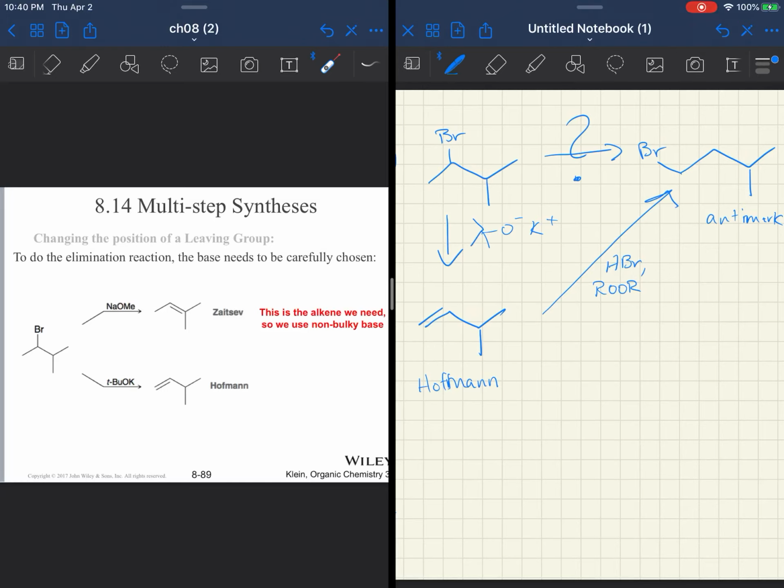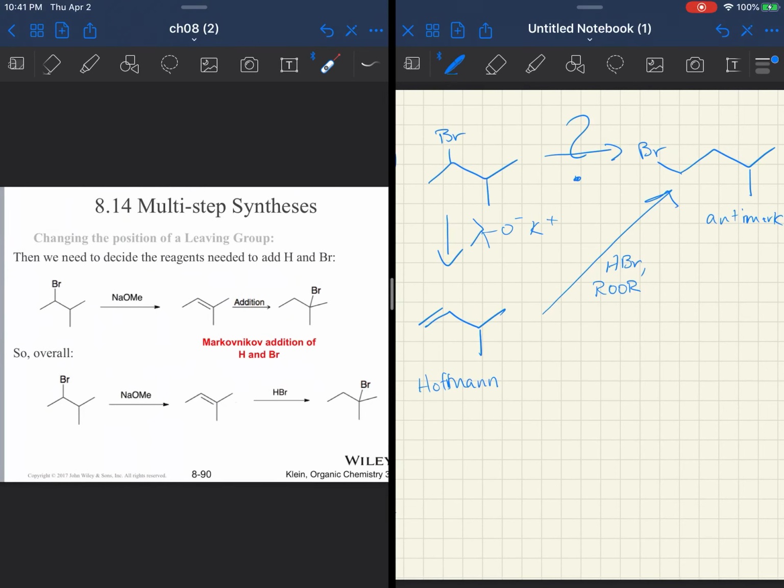I would use HBr, but now I need those peroxides. Right? So you have multiple choices. There are multiple ways that you can move these functional groups around, but the underlying strategy is eliminate it, bring in that double bond, and then do your addition reaction.